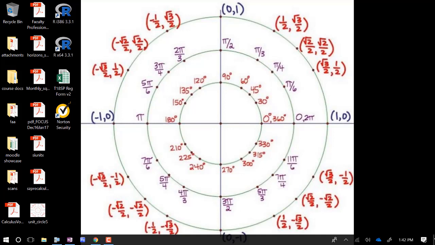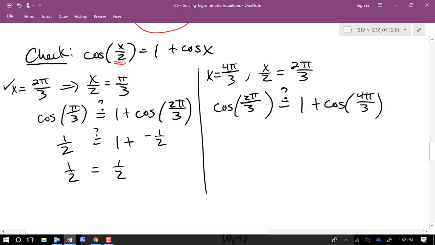Negative a half. And what is cosine of 4 pi over 3? Negative 1/2, yep. So is negative 1/2 equal to 1 plus negative a half? No. Negative 1/2 is in fact not equal to positive a half. So 4 pi over 3 does not check out.